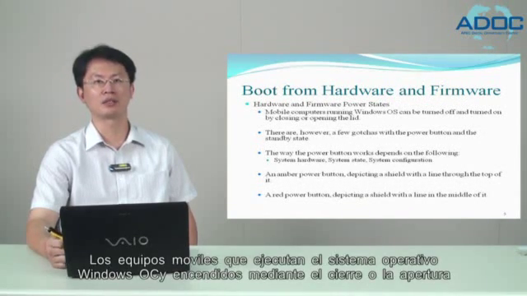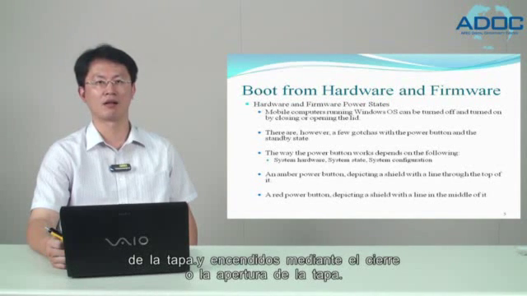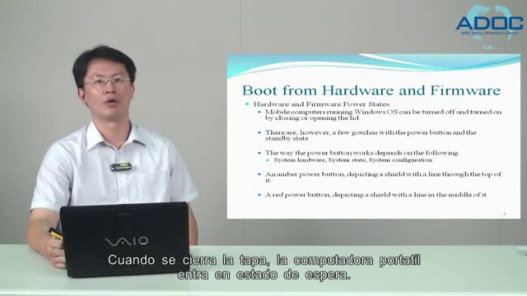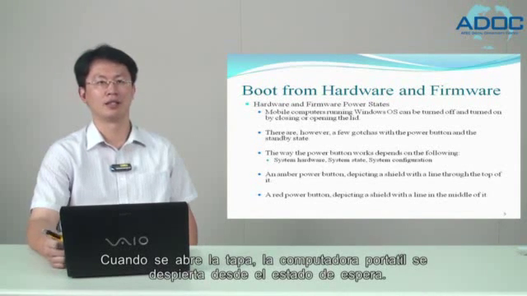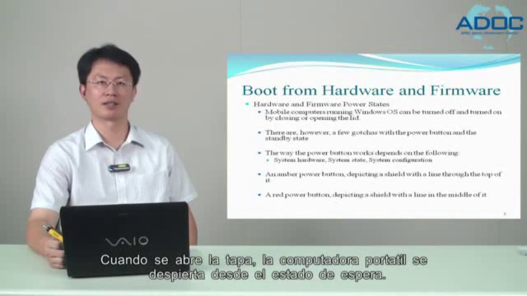Mobile computers running Windows can be turned off and on by closing or opening the lid. When you close the lid, the laptop enters the standby state. When you open the lid, the laptop wakes up from the standby state.